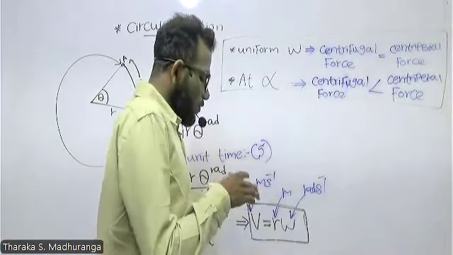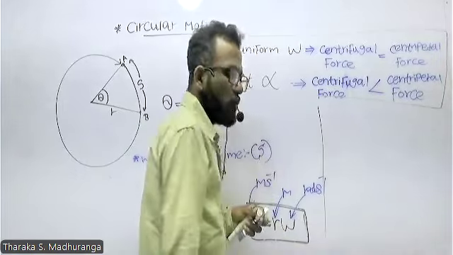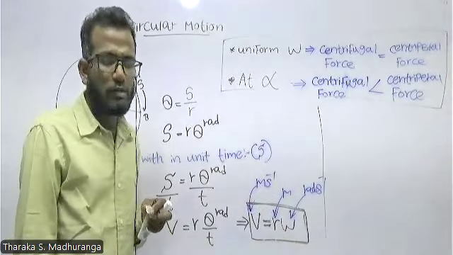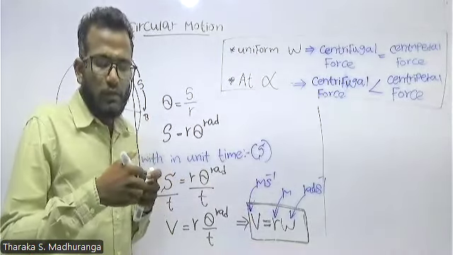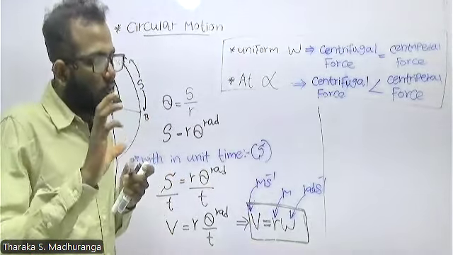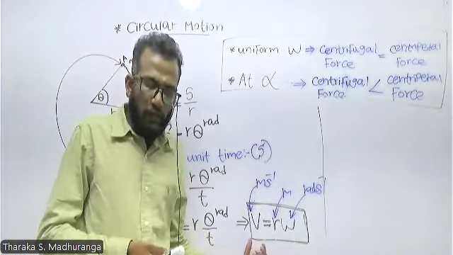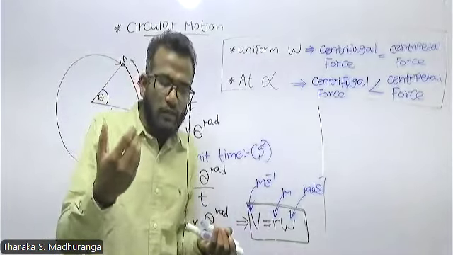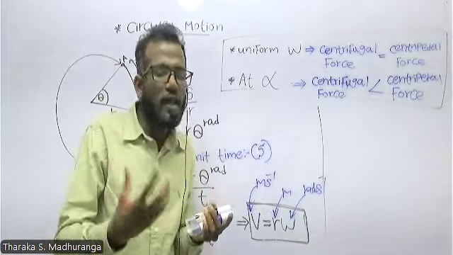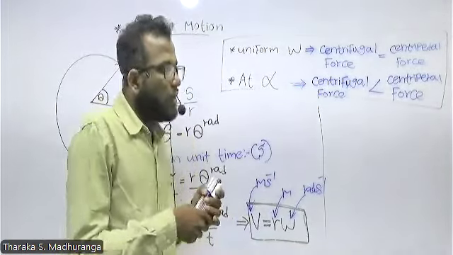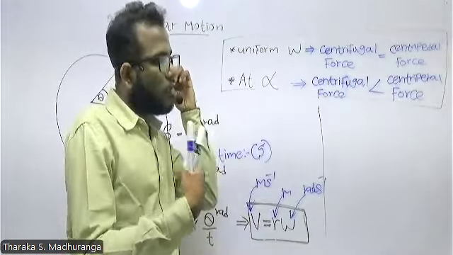Okay, I told if there is any circular motion object rotating with angular acceleration, that means the speed of the circular motion object is increasing. When the speed, the meters per second, is increasing, that is the angular acceleration actually.